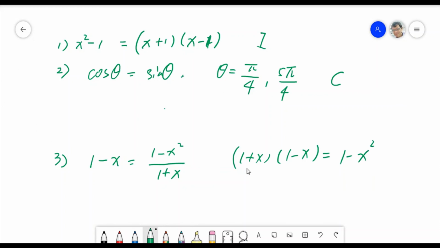But the condition here is they have a fraction. So on the right side of this equation, x cannot be -1. But on the left side, x belongs to R. So definitely they are not equal. Since they are not equal, they are not identical, they are conditional.